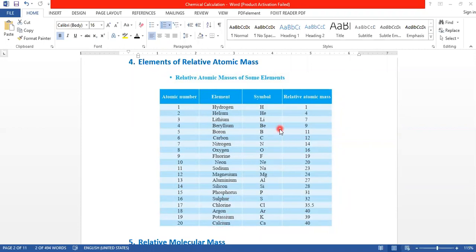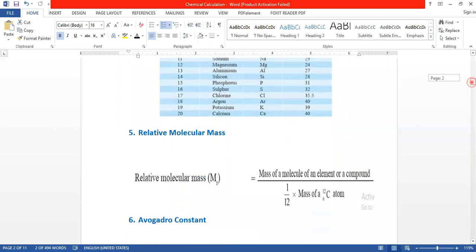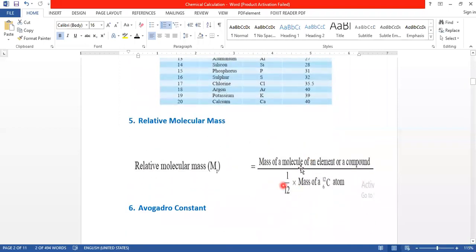Right. Let's move to relative molecular mass now. Relative molecular mass is the same as relative atomic mass.